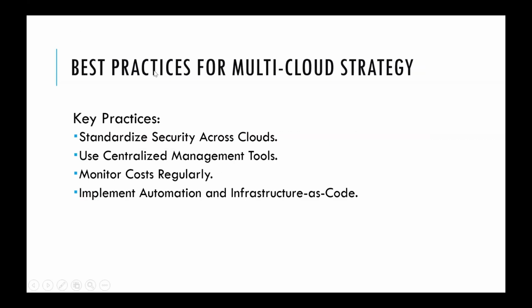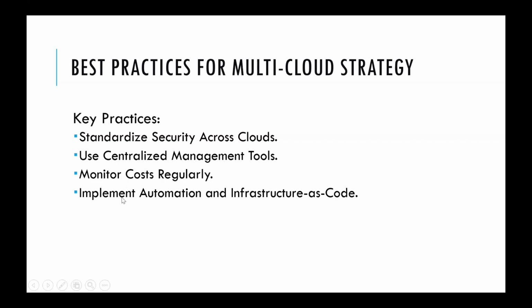Let's now discuss the best practices for multi-cloud strategy. Always standardize security across the clouds. So make sure you are managing the security across all the clouds which you are using. Use centralized management tools for monitoring and management. Monitor cost regularly so that you check what the cost is that you are getting in each of the clouds.